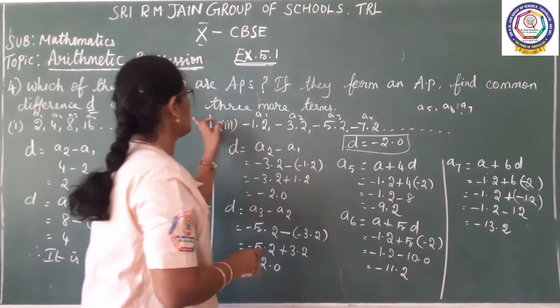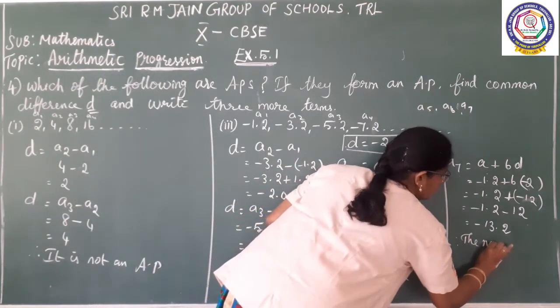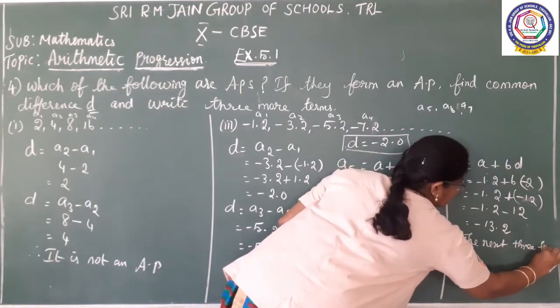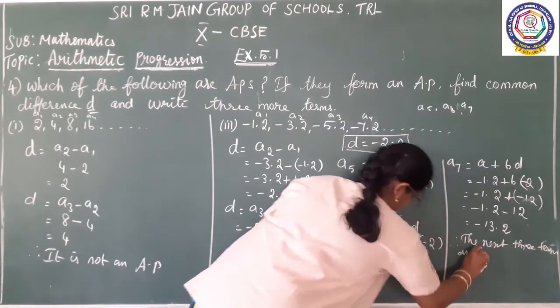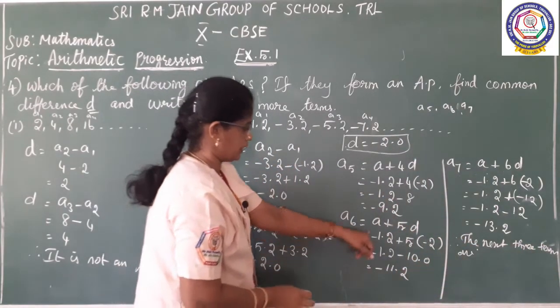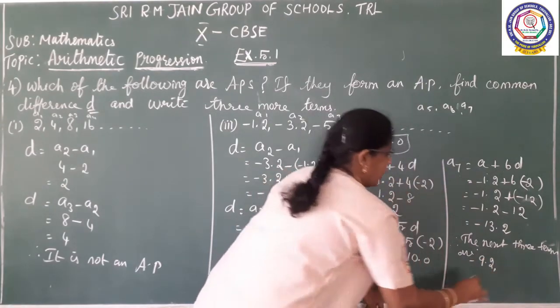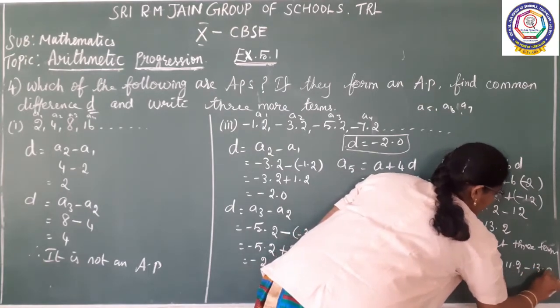So they ask the question, next 3 terms. Therefore, the next 3 terms are, what we got here? Minus 9.2, comma, minus 11.2, comma, minus 13.2.